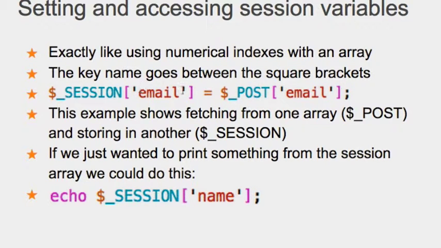So whether this is a number or a string, and PHP lets you mix those, although I wouldn't recommend it, whatever that is, it will, in this case, store whatever's on the right hand side in the session array indexed by email. So our slot in the array labelled email will now have whatever was in the post array at the email label.